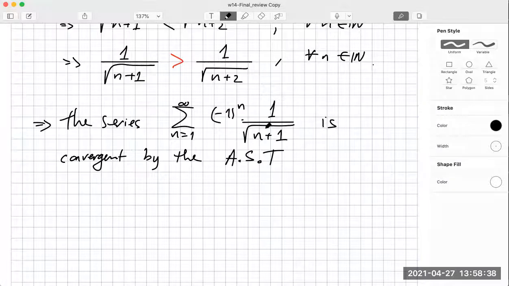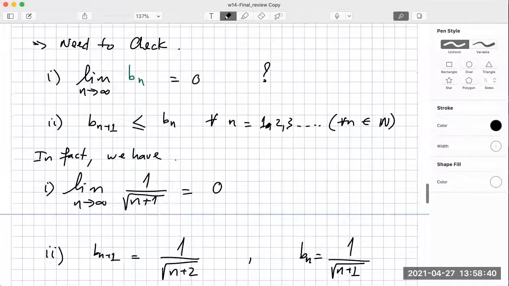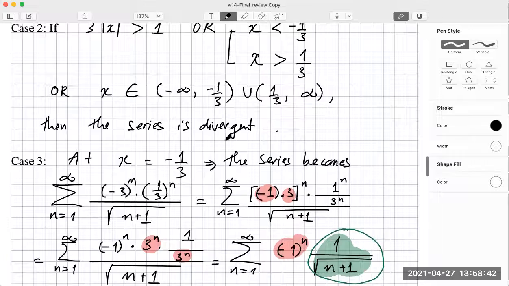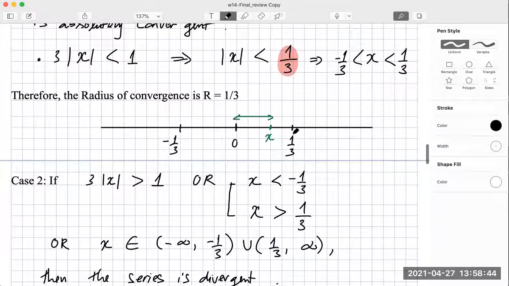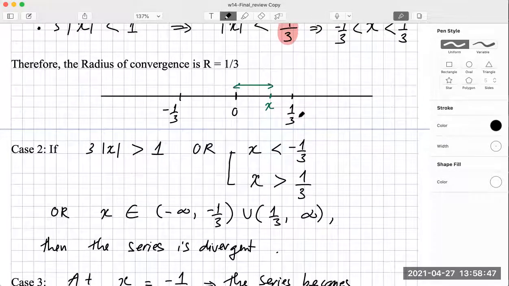Then that is the first point at negative 1/3, right? We have to do the similar things at x is equal to 1/3. Okay.